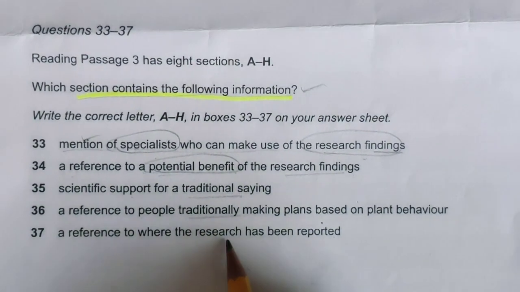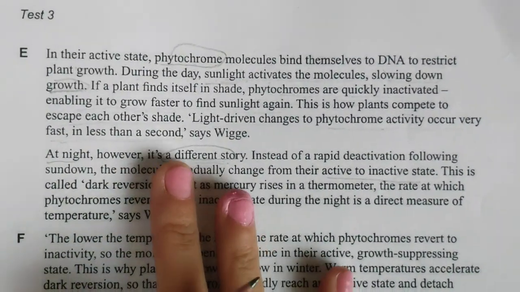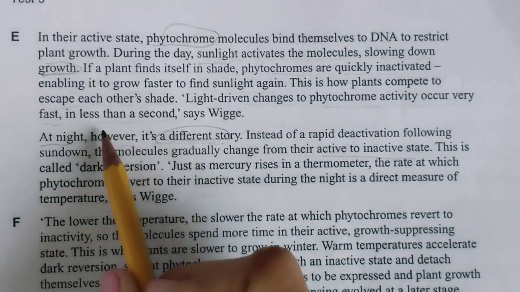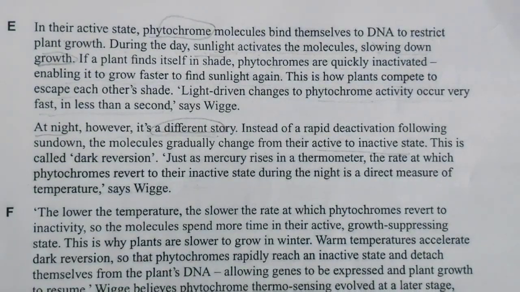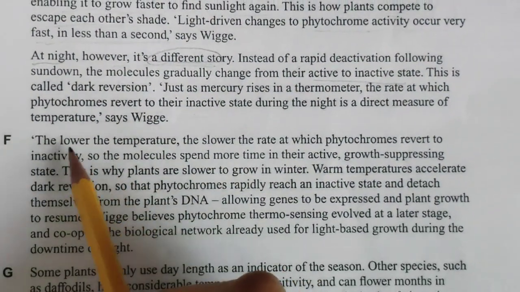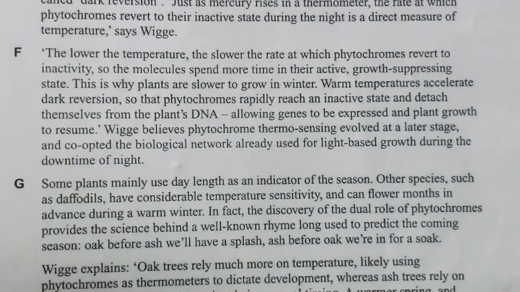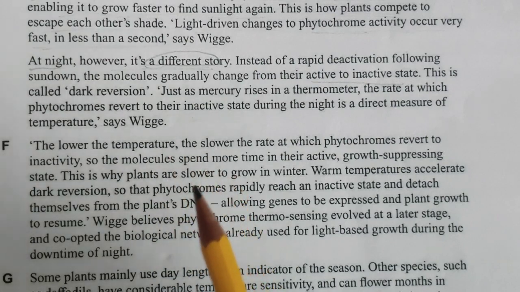A reference to where the research has been reported. Okay, now what are we going to do? Till E we have read everything. We have just done it like that because we haven't read the whole thing here. So I will read this F paragraph first, and then up to H, try to match the meanings, and then we will go to the A, B, C, D paragraphs again.